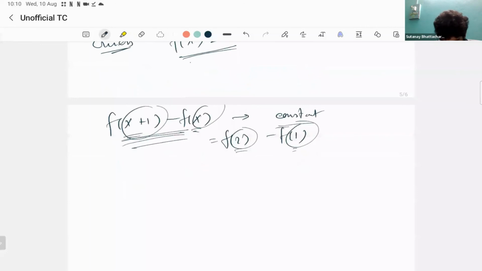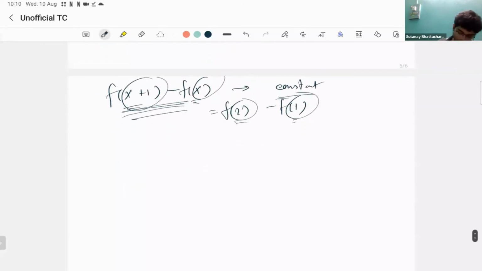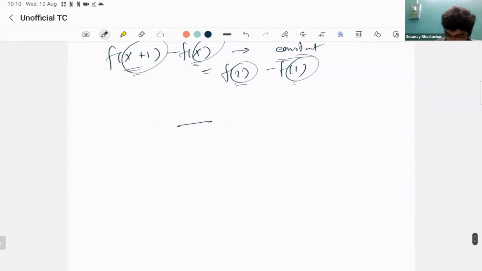So what we're suggesting is to come up with triples that use these numbers. One possible solution would be to use x plus 1 here, say 1 here. The sum of this has to be a perfect square, say n square.